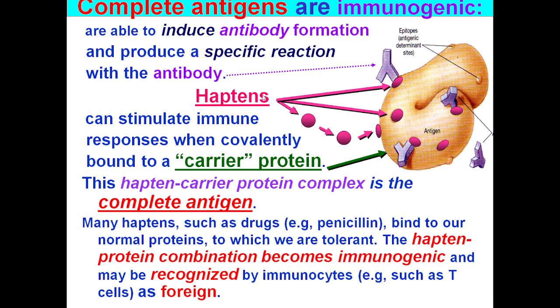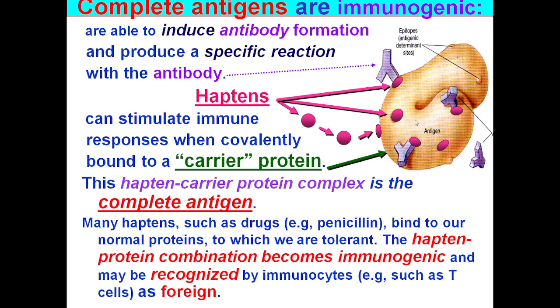But if haptens are chemically combined to a large antigenic peptide or protein molecule, covalently bound to the protein, haptens may serve as antigenic determinants of this large molecule, and in this case haptens transform to the complete antigen.